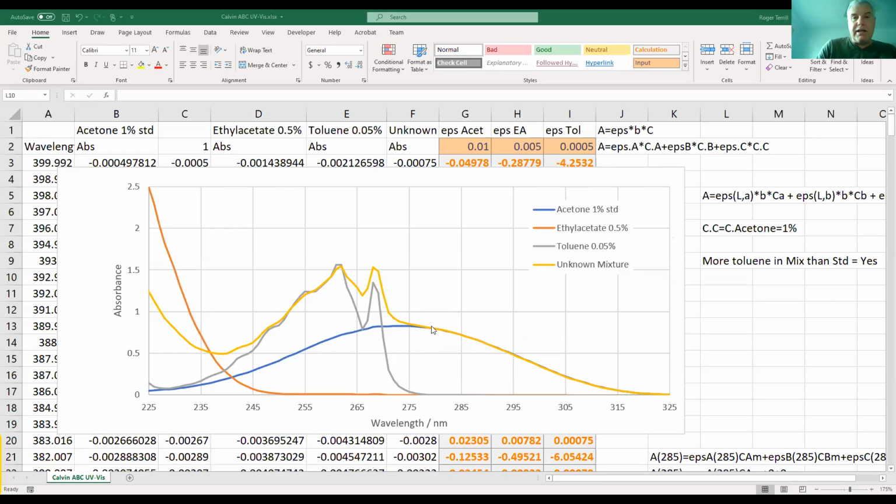And you know that because, why? It matches perfectly for the last half of the graph. Exactly. Where the absorbance due to toluene is not even there, and the absorbance due to ethyl acetate is also not there. Right. So in this region, all of the absorbance from the mixture comes from acetone.